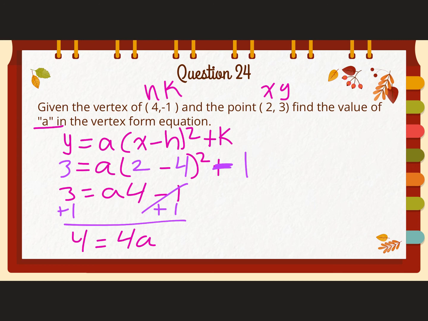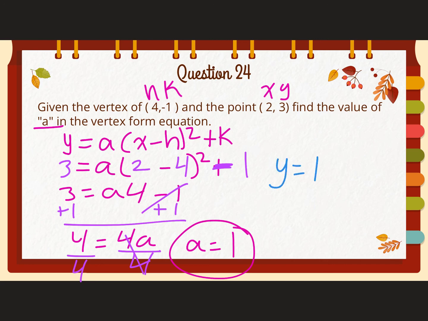I need to get rid of the 4 that is attached to the a, and I'll do so by dividing by 4, which means our a is equal to 1. I found that, so now I can plug that a back into the equation. So our final answer is y is equal to 1, because that's our a value, x minus our h, which is 4, square it, minus 1.